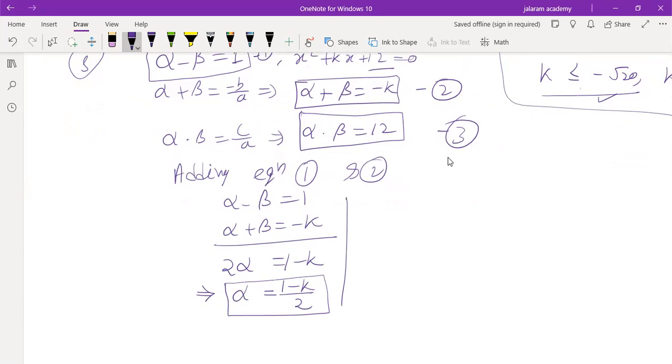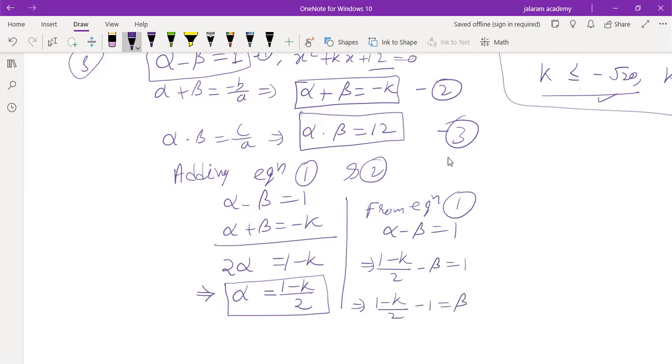And from equation 1, alpha minus beta equals 1. It implies (1 minus k) by 2 minus beta equals 1. It implies (1 minus k) by 2 minus 1 equals beta.